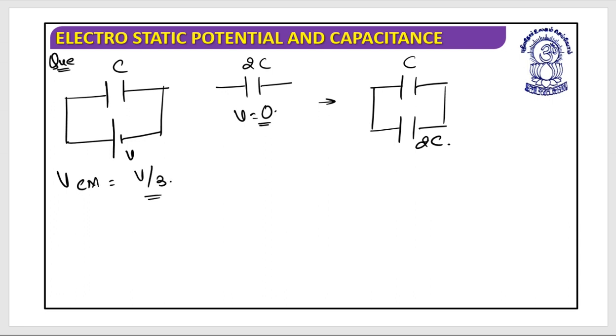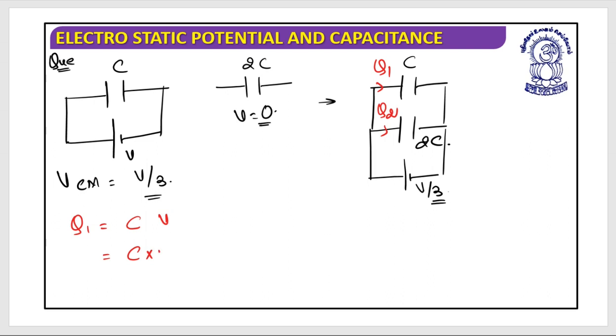So what I understood by this is that I can connect these two capacitors with the help of a battery, and that battery would be V by 3. So what is the charge of this? Let's say the charge on this is Q1 and the charge on this is Q2. Q1 is equal to C into V, which is C into V by 3.